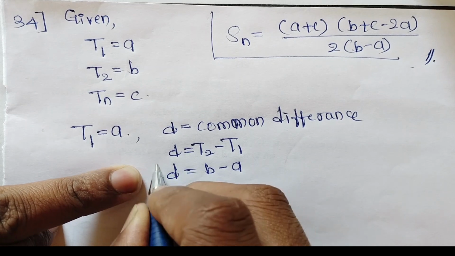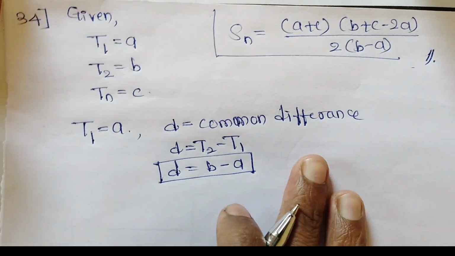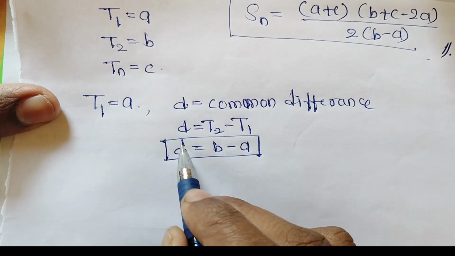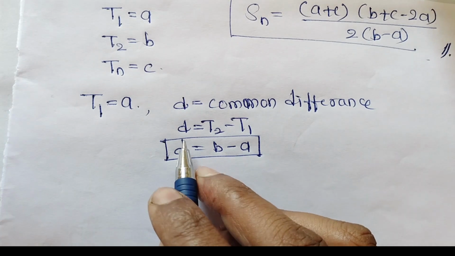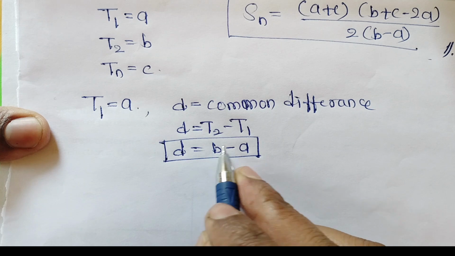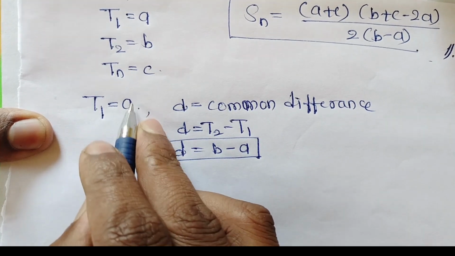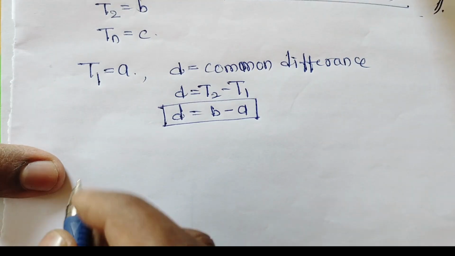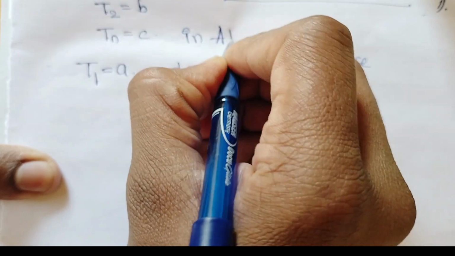So the difference is b minus a. Here d stands for common difference. The first term is a in this arithmetic progression.